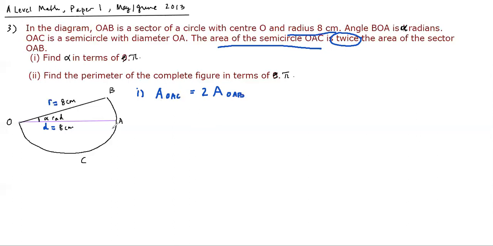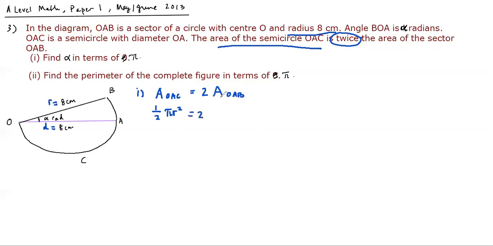Now, area OAC is just a semicircle. The area of a circle is given by pi r squared. Since this semicircle is half a circle, the area of OAC is half pi r squared.